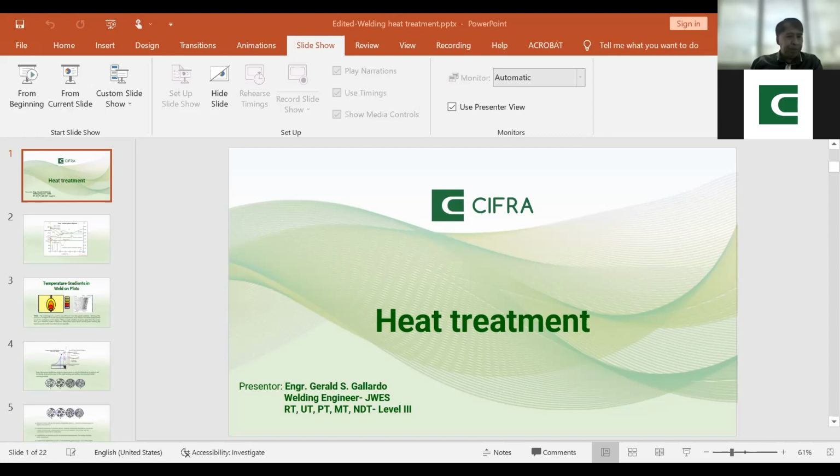Sir Gerald? Yes. Yung screen nyo po ata parang hindi lumilipat. Hindi po nag-i-slide, hindi po lumilipat sa ibang slide. Hindi naman ako lumilipat eh. Okay po. Nandito, ang aking discussion, andito pa rin sa iron carbon diagram.